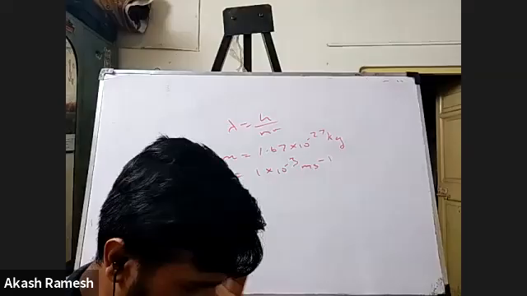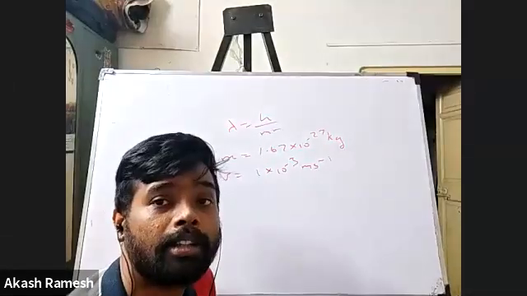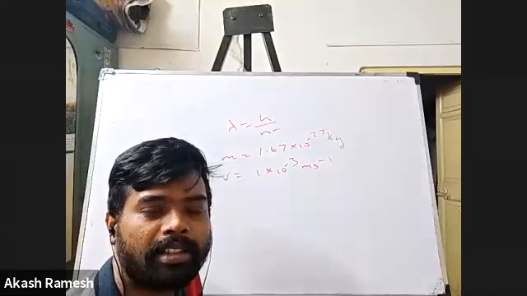h is Planck's constant. It is 6.6 into 10 to the power minus 34. Equation, formula, everything is the same.